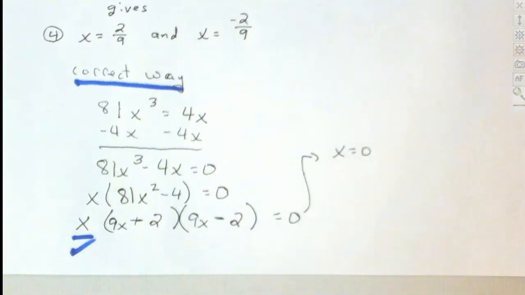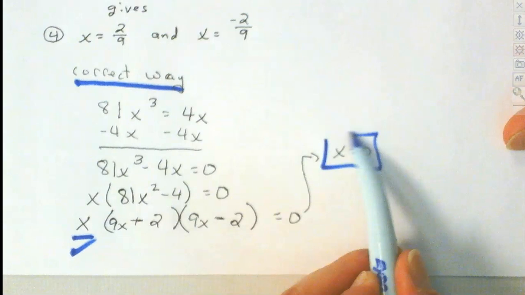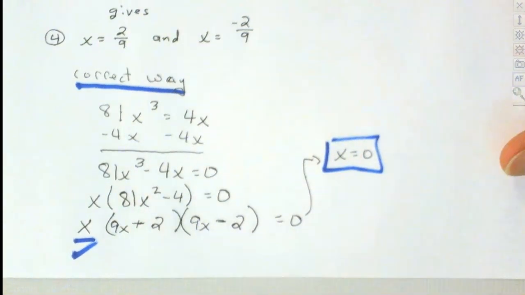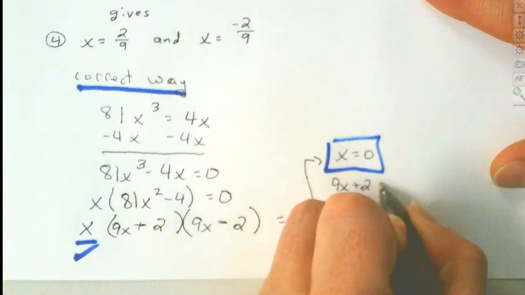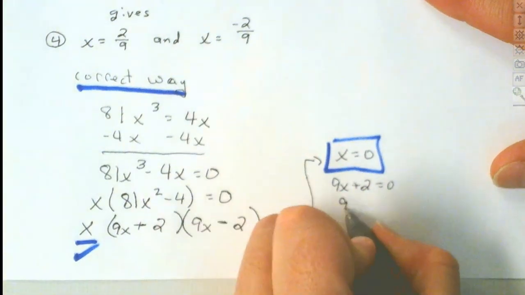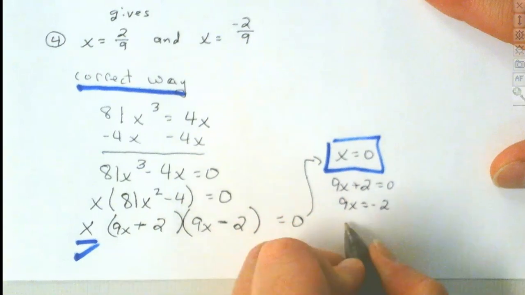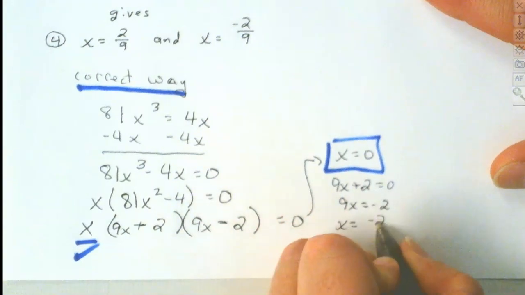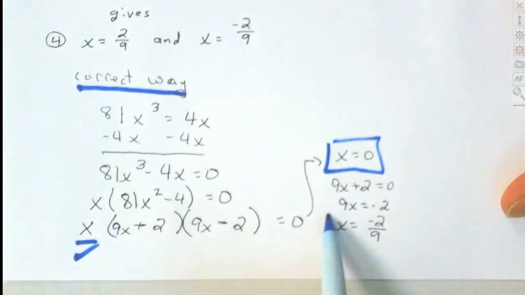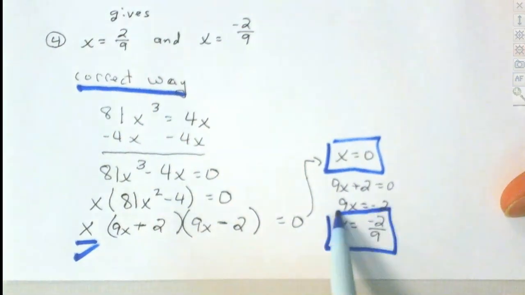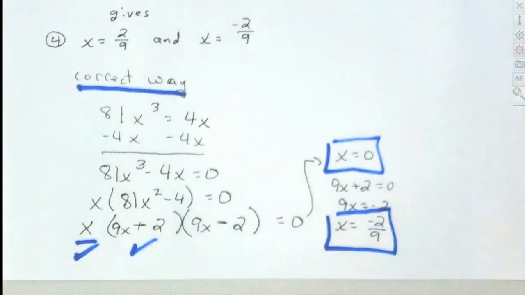Next one, 9x plus 2 equals 0. Move that 2 over, so 9x equals negative 2. So x equals negative 2/9. I'm not going to write down all the steps because you can solve an equation. So that's done. And what about the last one?